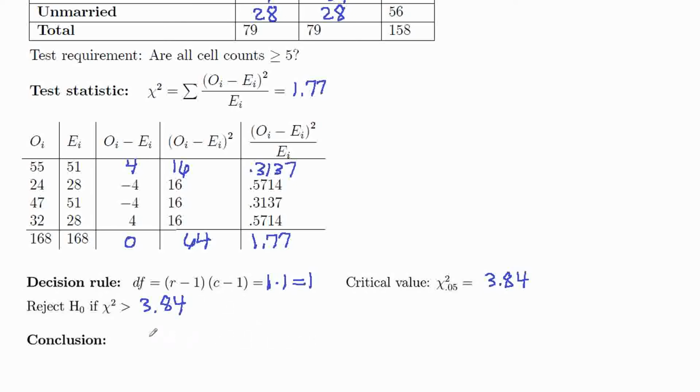Okay, our conclusion, well, chi-squared, which is 1.77, is actually less than 3.84, which is our critical value. So we do not reject H0.